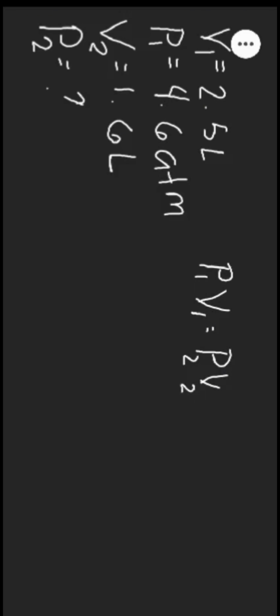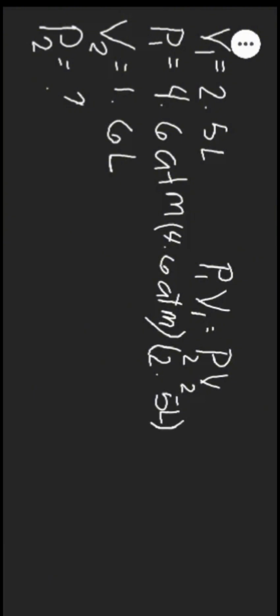Now let's substitute all the given values. So 4.6 atm times 2.5 liters is equal to P sub 2 times 1.6 liters.